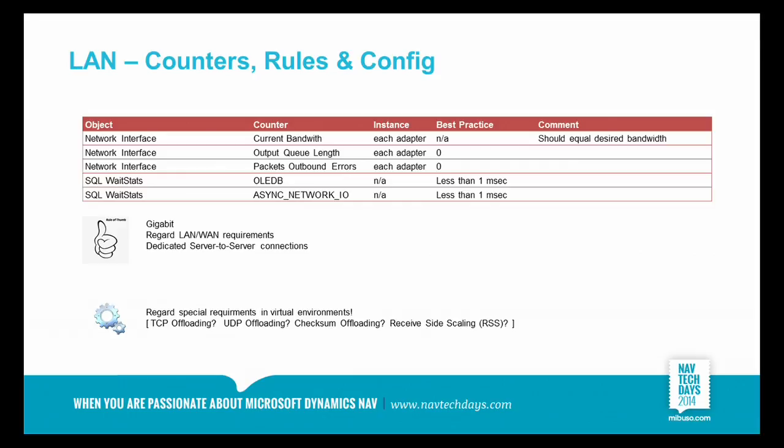With the service tiers, in a role-tailored scenario, what we will see, but we don't want to see, is the async network I/O. Async network I/O means that SQL Server ships data to a client, in our case the Navision service tier, and just waits for this counterpart to commit, to say, yes, I got it, I understood and processed this.